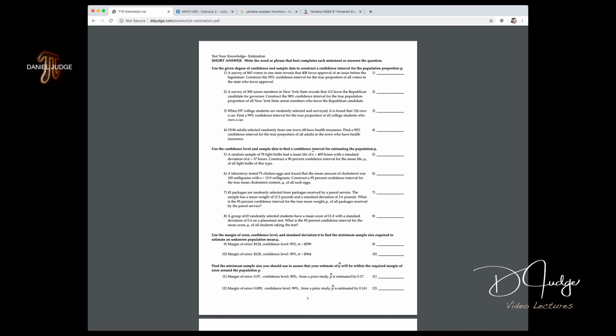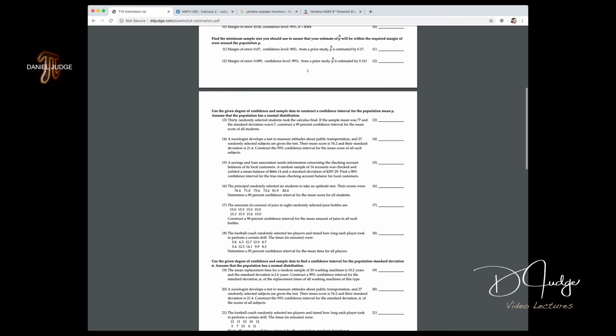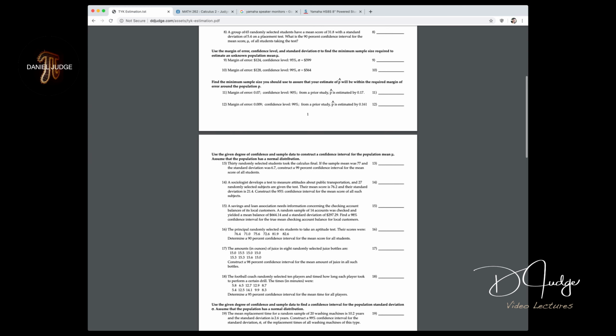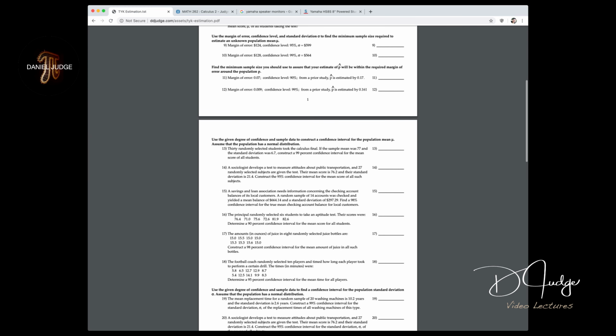Use the margin of error, confidence level, and standard deviation to find the minimum sample size required to estimate an unknown population. Yeah. So question 9 and 10 on your homework here. All right, you guys okay with that? So I'm looking at question 9 here. So I'm just going to read it.